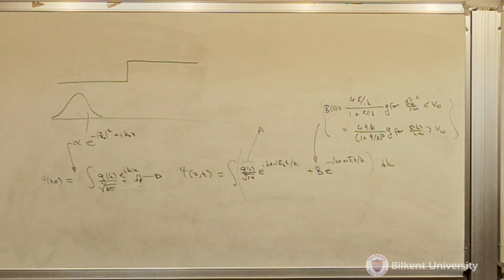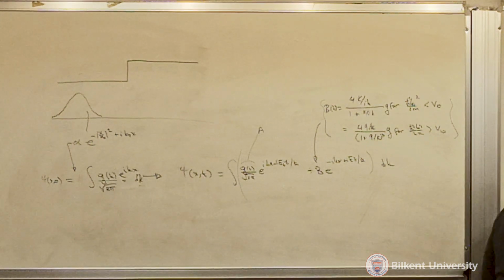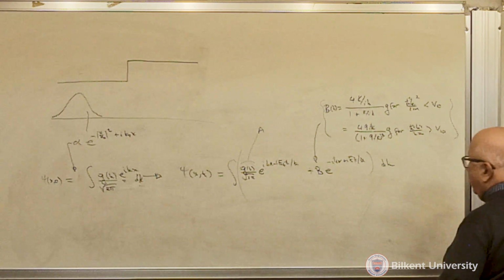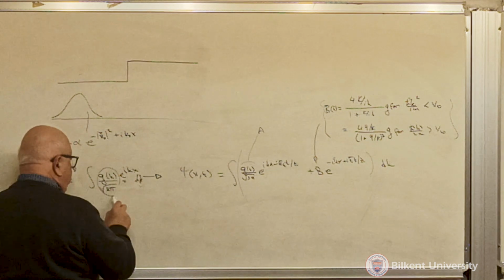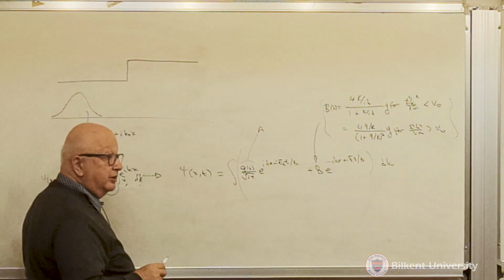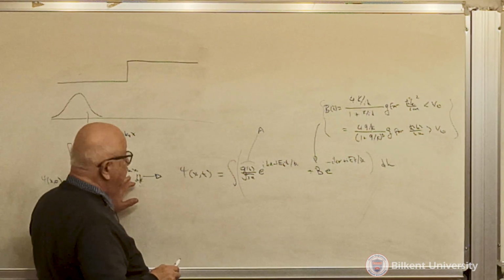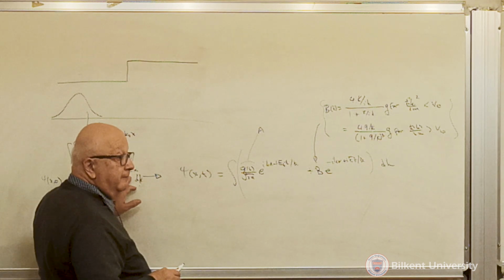So we have solved the problem when I have e to the i kx on the left-hand side. But now I want to solve the problem when I have g of k e to the i kx on the left-hand side. So g of k is the magnitude of the wave with wave number k. My mistake, I lost that part, sorry.